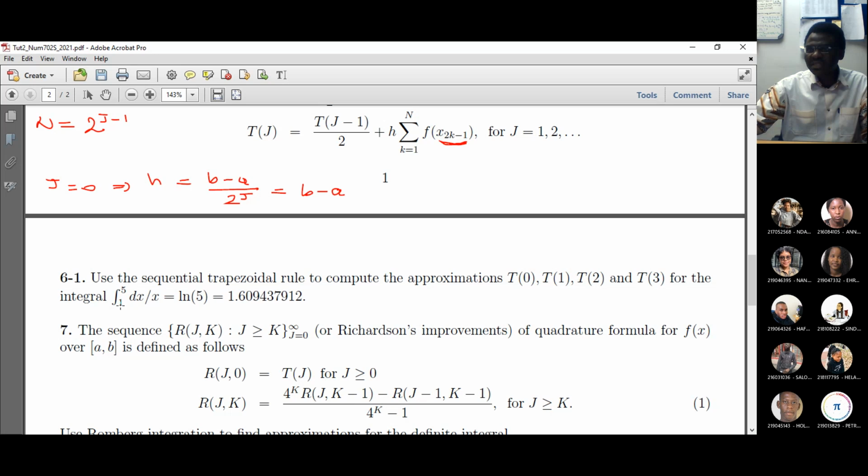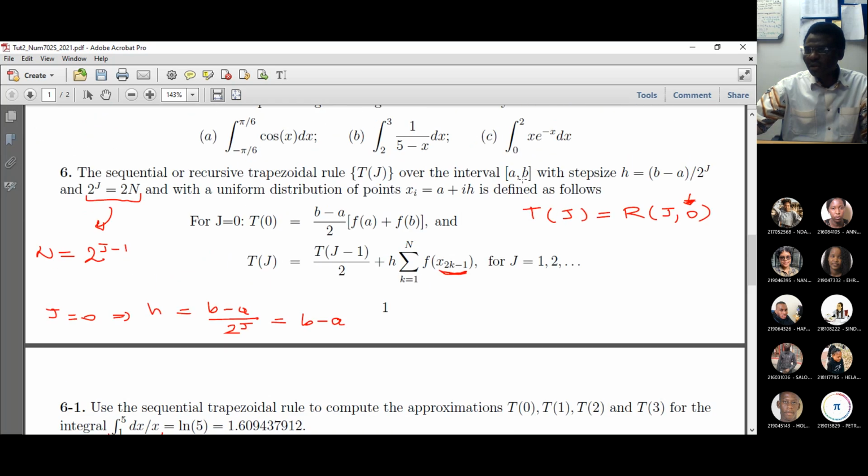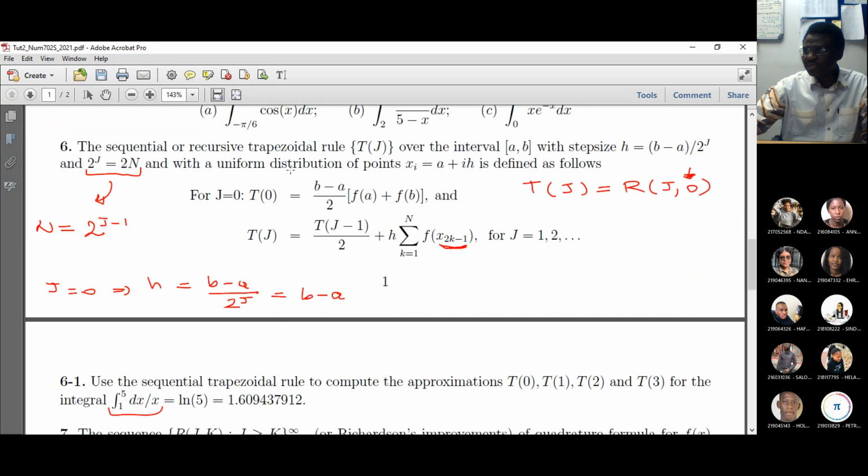Now, when you look at this, what is the function f? This is the function you're integrating. Just by looking at this, you'll be able to extract all the relevant information that we'll be using in the formula. So what do we need to compute for the formula? We need to find h, right? In h, we need b and we need a.